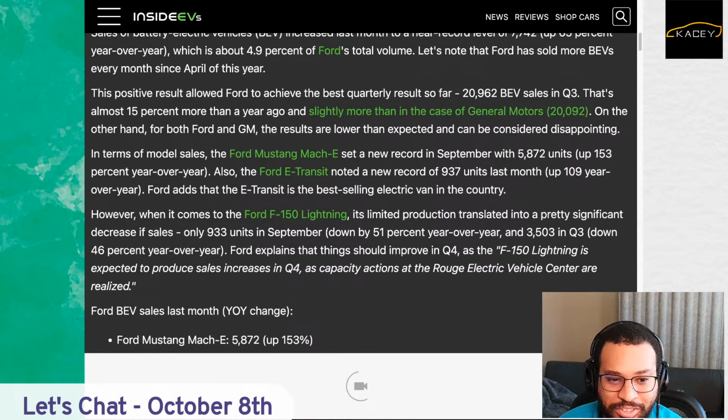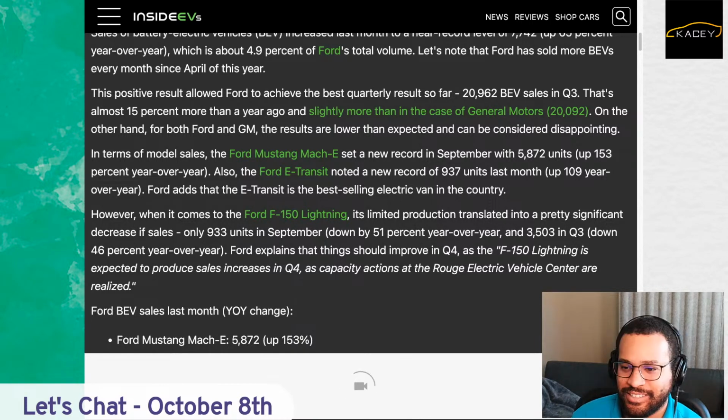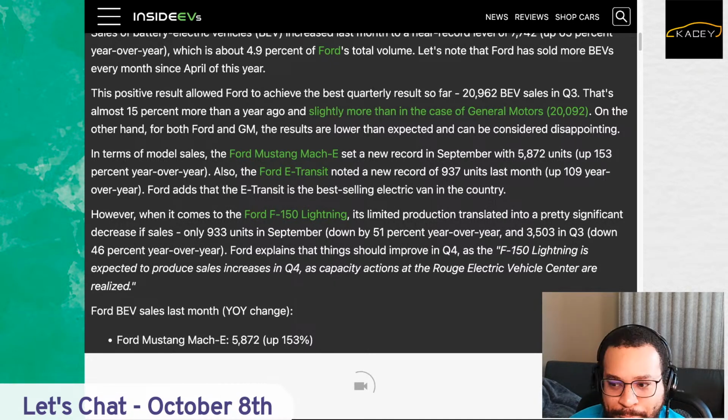The E-Transit, if it fits your needs, it's got a good range. If it doesn't fit your needs, you could have made a more general purpose van like Mercedes did, with some range on it.